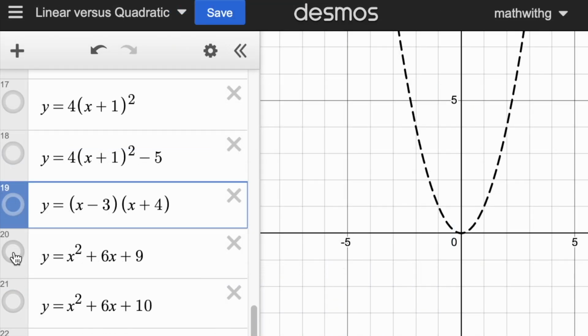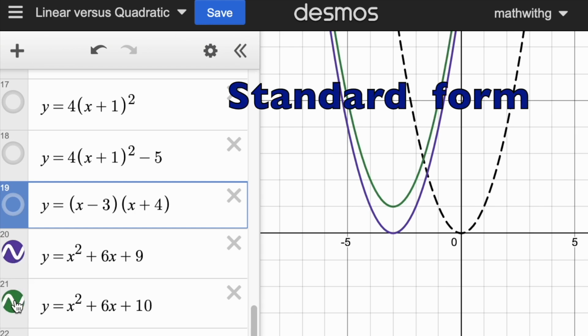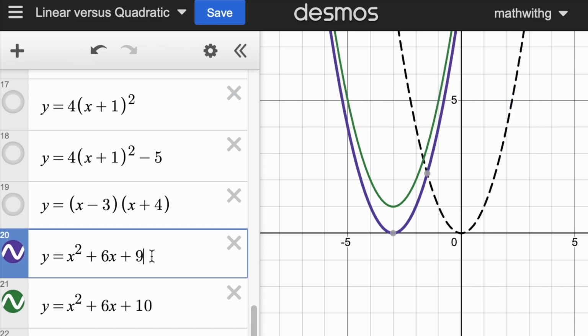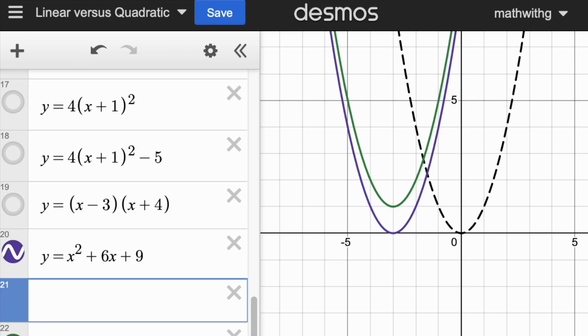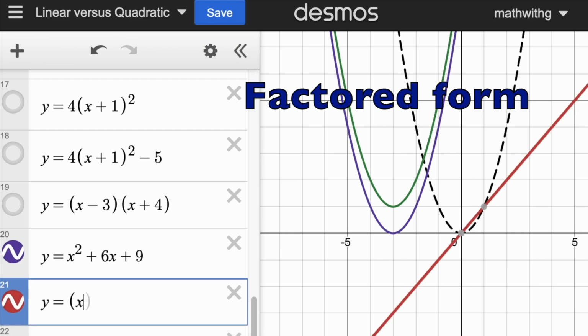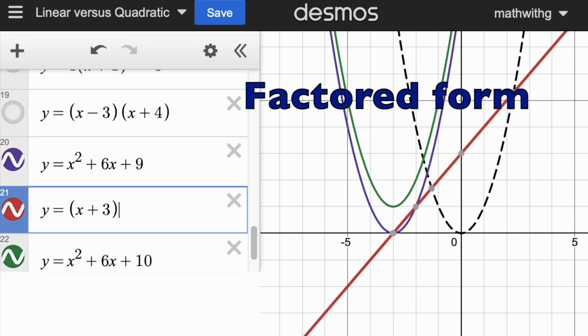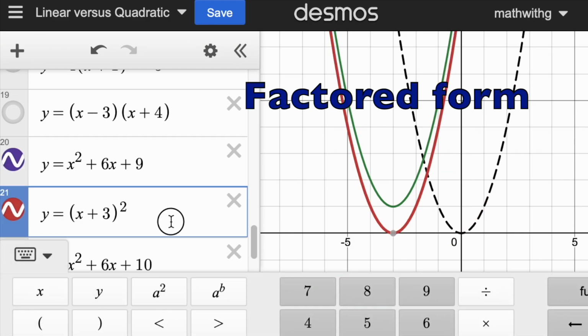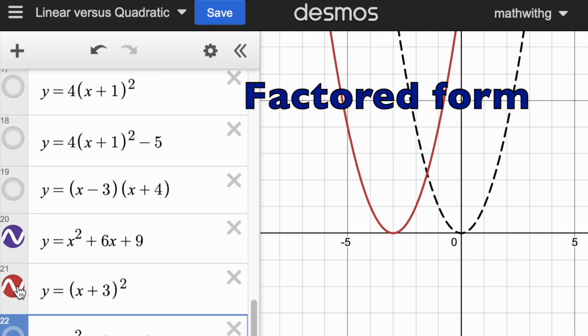The only thing we can see from the last 2 when we graph is that the shape is the same because the A value is 1, same as in the parent, but we really don't know what the picture looks like just by showing these 2, although we do know how to factor x plus 3 squared. We get the same shape, the exact same parabola. Anyway, we'll see that later on.